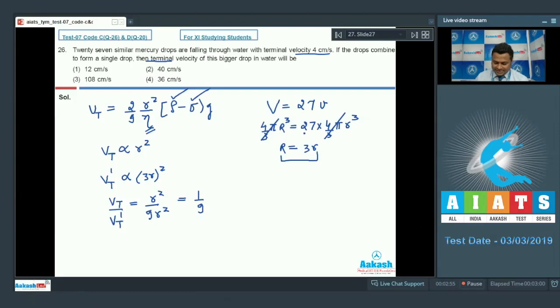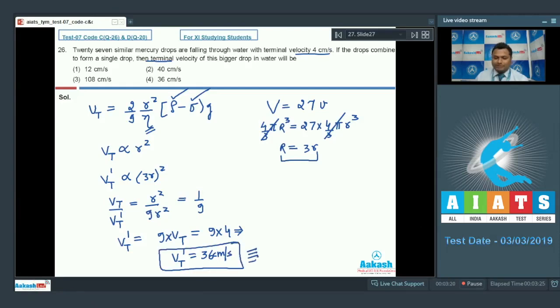So from here we can say that Vt dash will be 9 times the previous terminal velocity, that is 9 into 4, 36 centimeter per second. So the new terminal velocity Vt dash will be 36 centimeter per second.